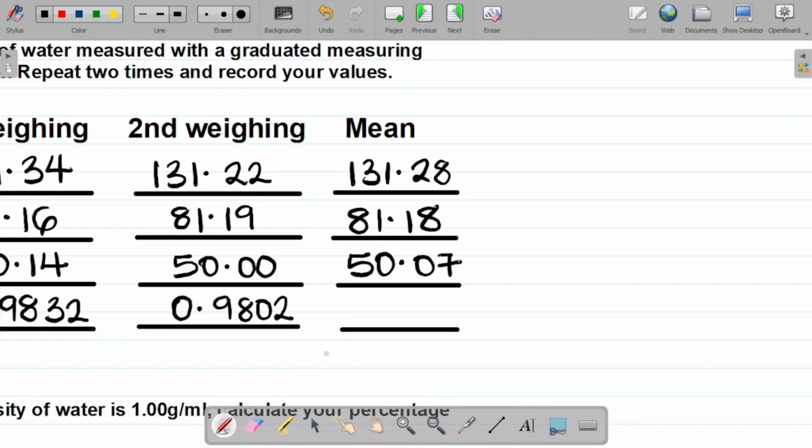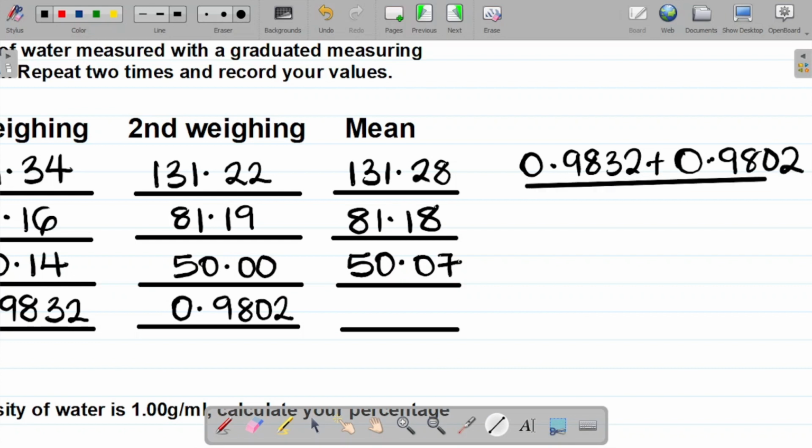Let me get the mean. So that would be about 0.9832 plus 0.9802, all divided by 2.